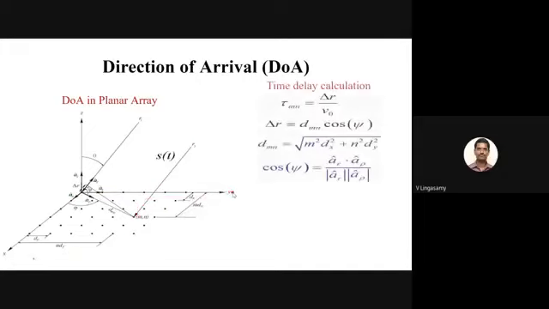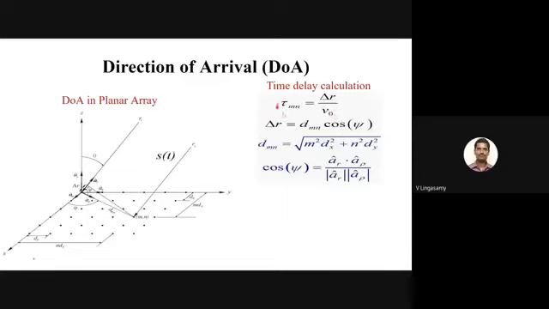Now how do we calculate the time delay? It is very simple, the conventional velocity formula. Velocity V is equal to d by t, right? If you want to calculate t, then t is equal to distance divided by velocity.